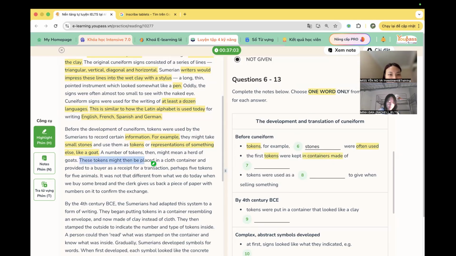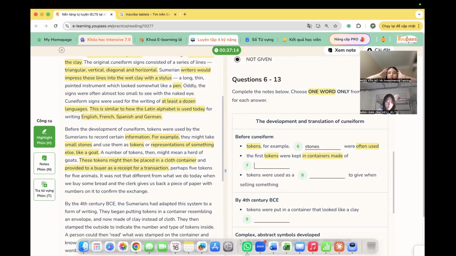These tokens might be placed in a cloth container and provided to a buyer as a receipt for a transaction. What is that container made of? What is the material? Cloth, C-L-O-T-H.